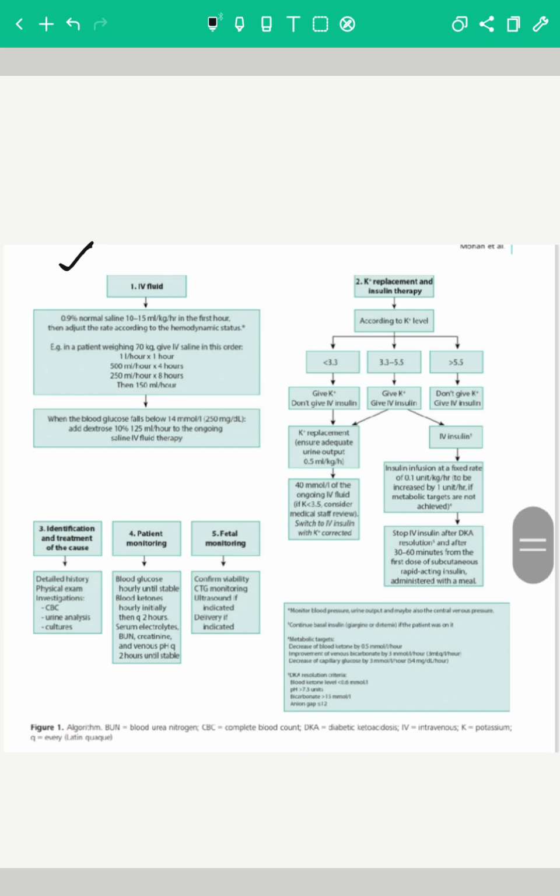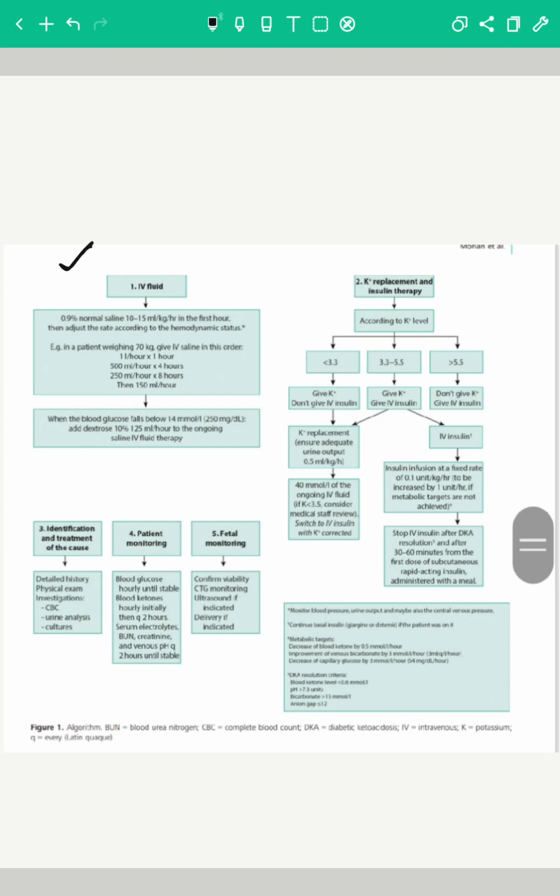Now, the first and the most important aspect of management of diabetic ketoacidosis is IV fluid replacement, because we've all known that dehydration has been a very, very big problem in DKA. So, we have to dilute the body, we have to give IV fluid first, and then think about the other things, about the insulin, potassium, and all of that.